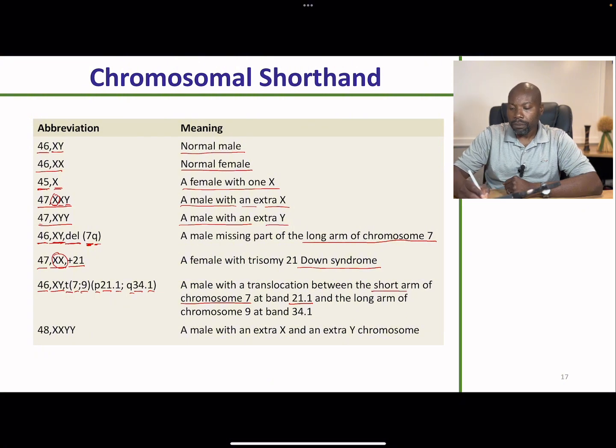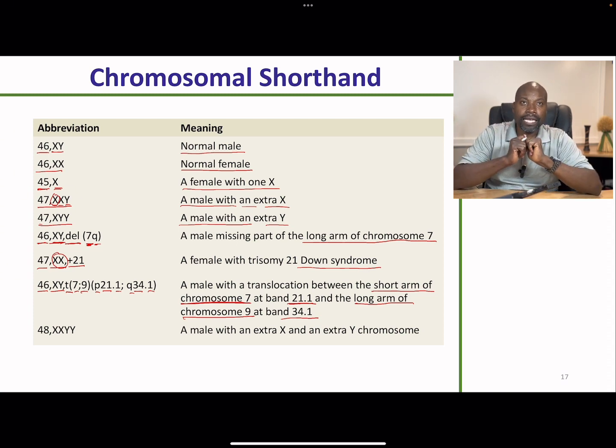So, short arm of chromosome 7 at band 21.1 and long arm of chromosome number 9 at band 34.1. So we know specifically where the translocation is happening, right?